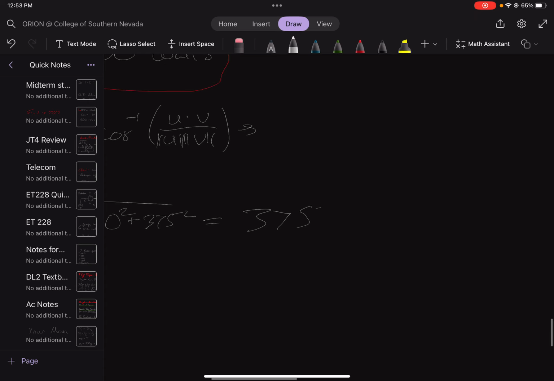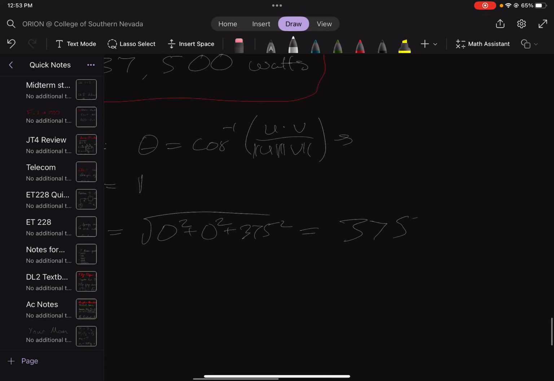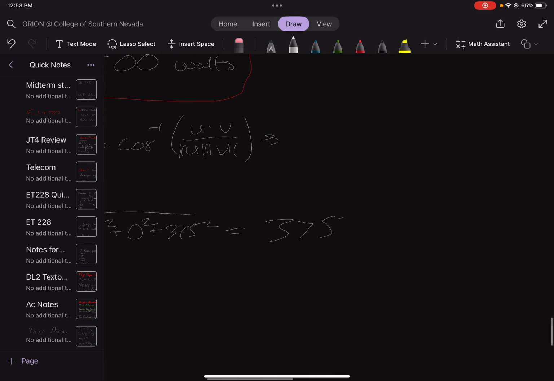So what happens now is we have the 1 times the 375, because that's all we see in both values, is we have a 1 times 375 in the top, in the numerator, between the two vectors.